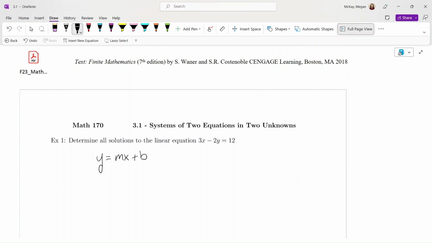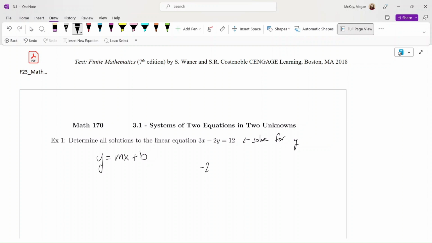Alright, our current equation doesn't quite look like that, so what we're going to do is solve for y. When we go to solve for y, that means move everything else to one side of the equation. So let's subtract 3x.